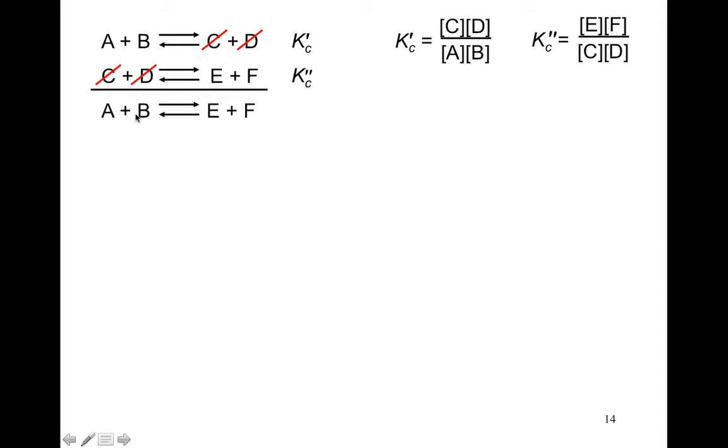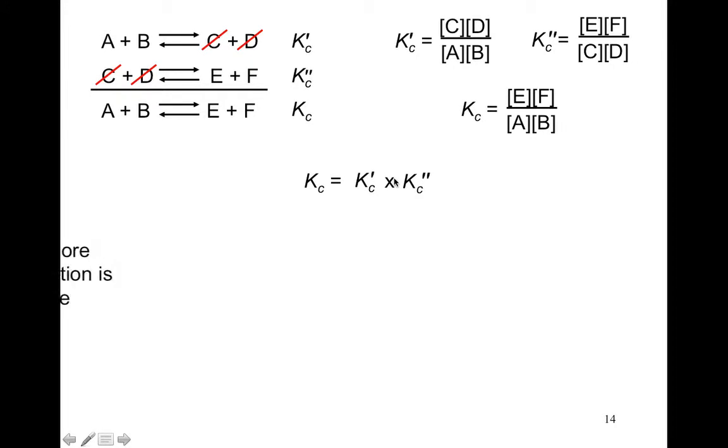Your overall reaction is A plus B yields E plus F. And that's going to be our Kc, our equilibrium constant for the whole reaction. And so it'd just be EF over AB. And the way we get that is, if you multiply these together, you actually get the same thing. So we can say that our equilibrium constant of multiple reactions is equal to the product of the equilibrium constants of the individual steps.